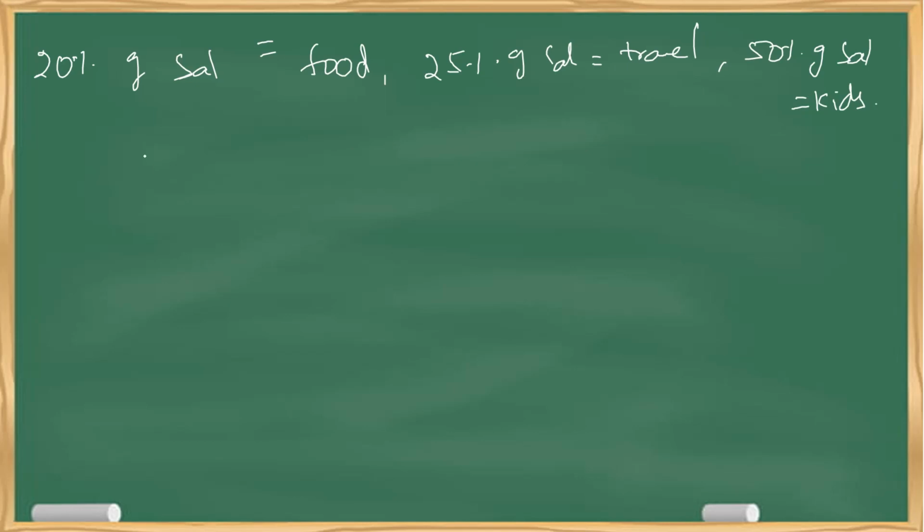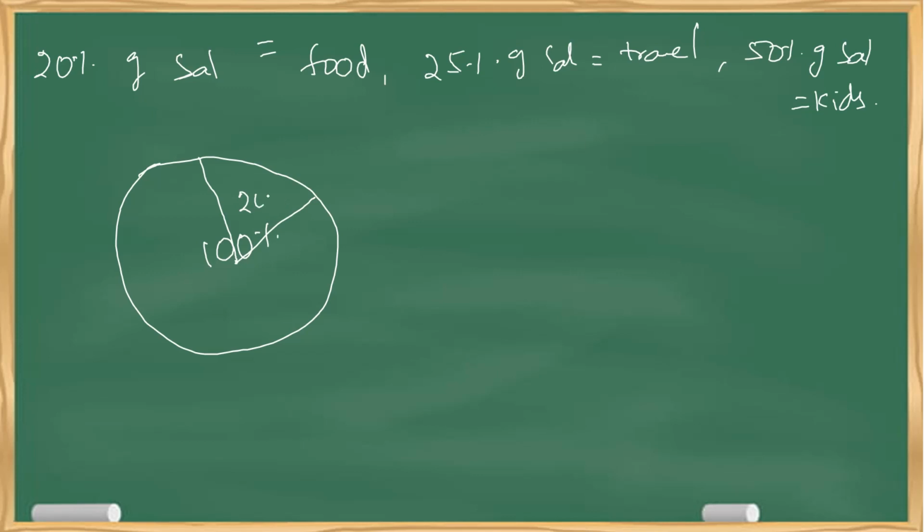Okay, now first take the salary as a small circle. This is 100%. Now this is broken into 20%, 25%.